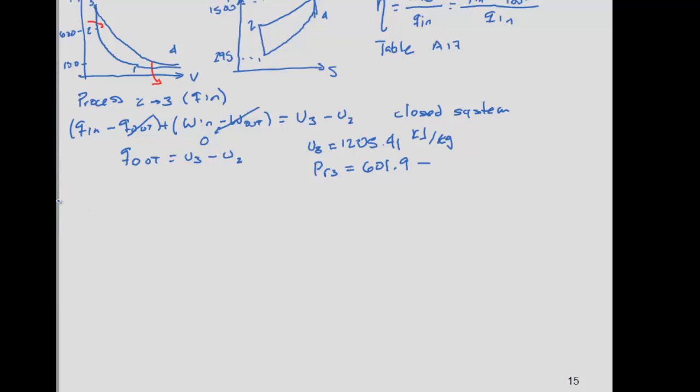Well, we know that process 1 to 2 is isentropic. So again, a table, A17, we can get the data that we need.